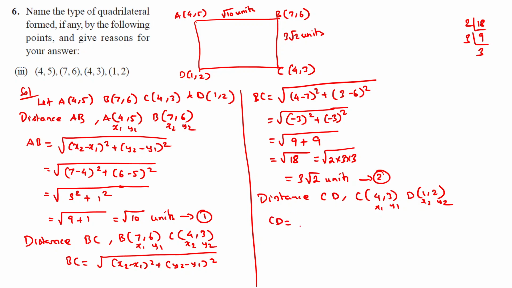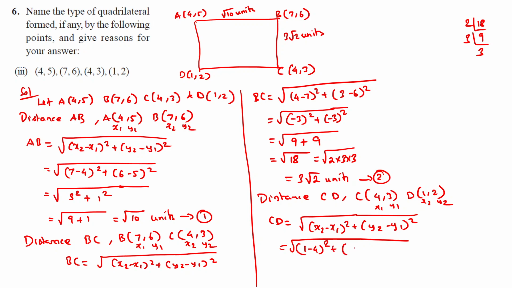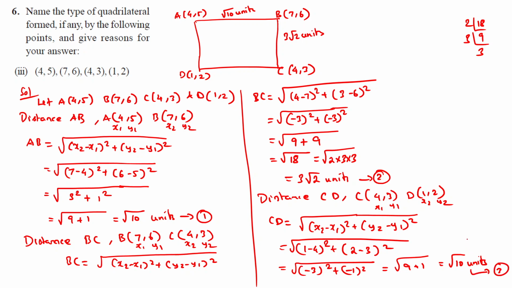So distance CD is equal to square root of x2 minus x1 whole square plus y2 minus y1 whole square, that is equal to root of x2 minus x1 is 1 minus 4 whole square plus 2 minus 3 whole square, that is equal to root of 1 minus 4 is minus 3 square plus 2 minus 3 is minus 1 whole square, that is equal to minus 3 square is 9 minus 1 square is 1. We will have under root 10 units. Take this equation number 3. We are getting root 10 units again.